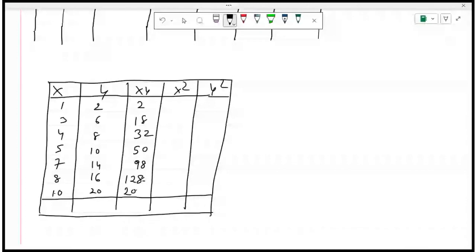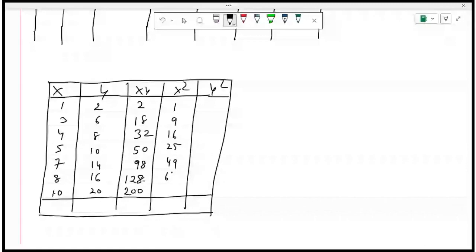X square: 1, 9, 16, 25, 49, 8 square 64, 10 square 100.